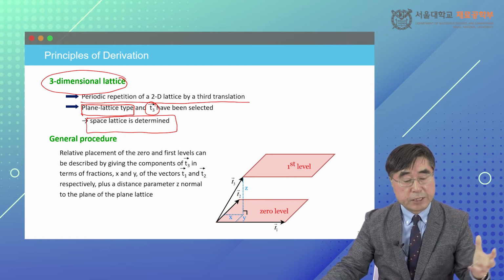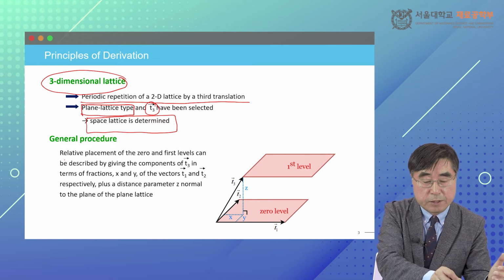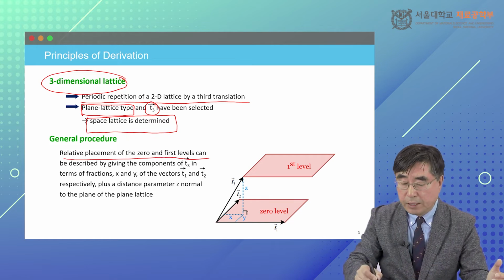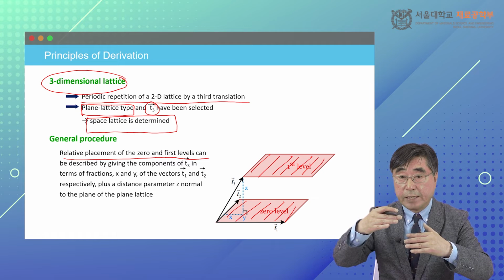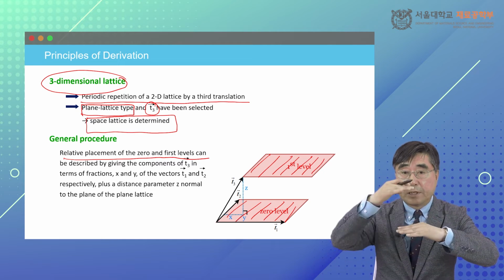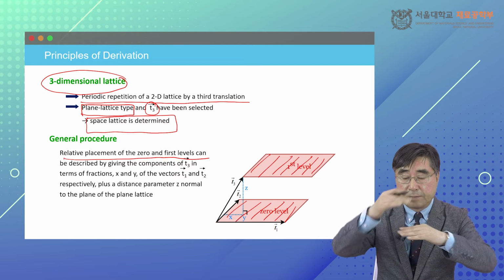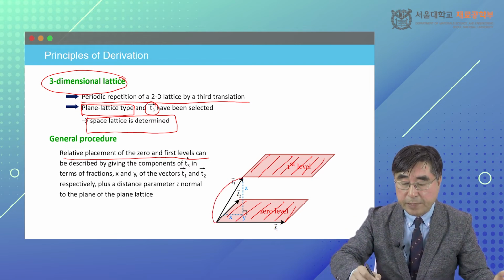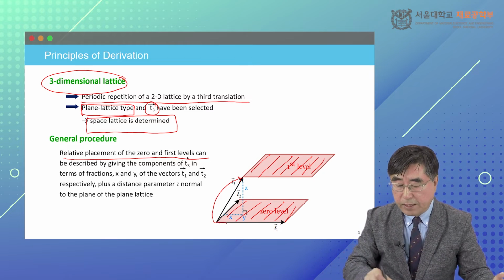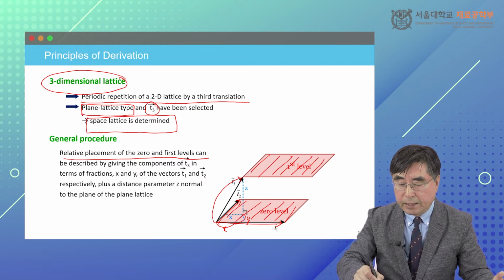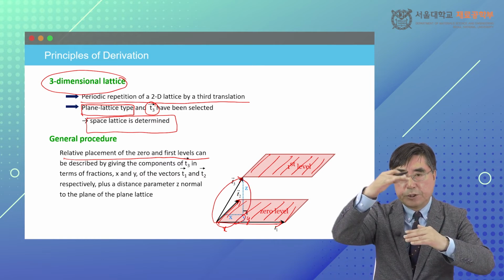So the general procedure is like this. For the relative placement of the zero and first levels, I pick up one plane net, and of course you have to pick up the same plane net, and you put the next plane net by the translation vector T3. The T3 vector is defined by the T1 vector and T2 vector, a fraction x of the T1 vector and a fraction y of the T2 vector, and in the vertical position, g.